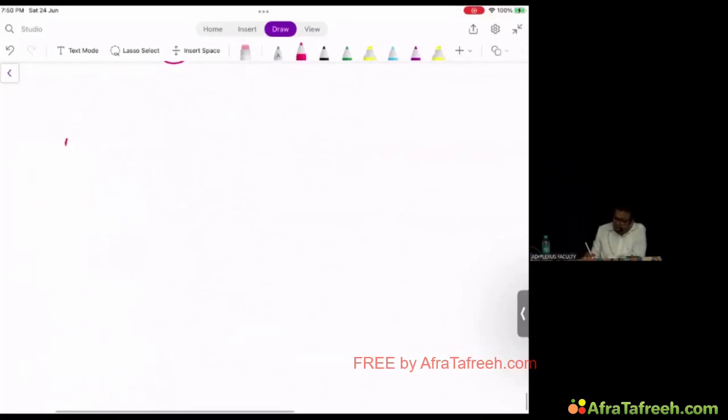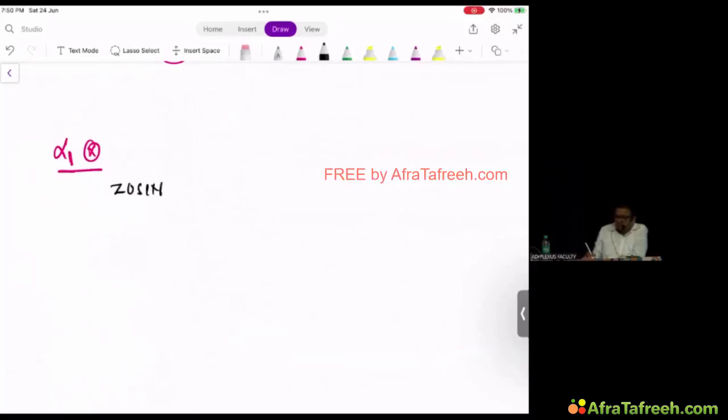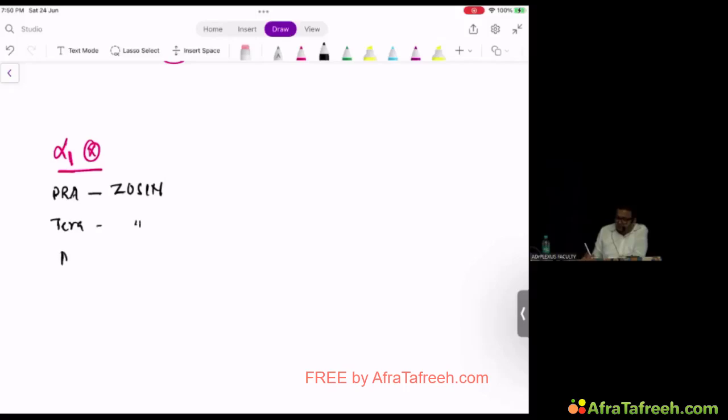We come to selective alpha 1 blockers. Selective alpha blockers end with -zosin. So we have prazosin, terazosin, doxazosin. These are the main drugs.